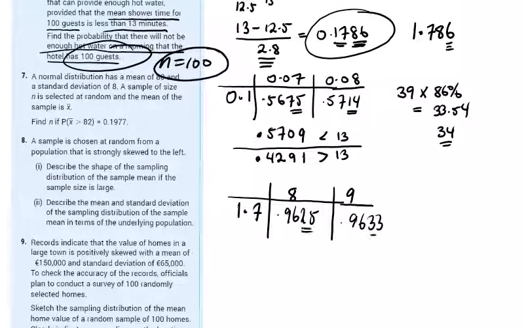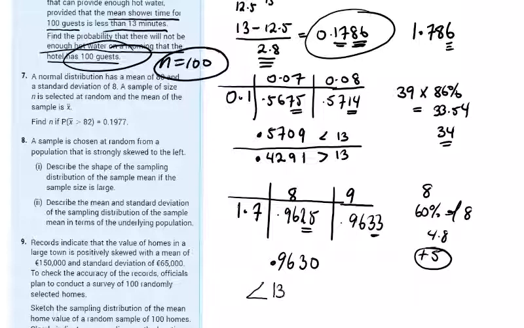It's only a jump of 8. 60% of 8 is 4.8. So if we jump 5, we'll get to 9630. So that is the probability of it being to the left hand side of 13.